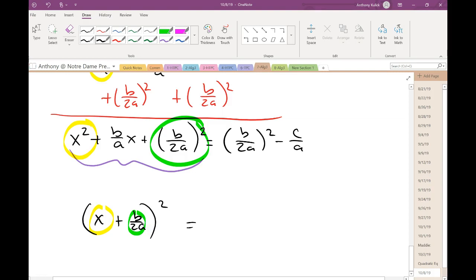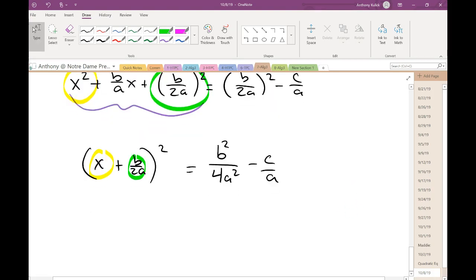And now I'm just going to multiply out the things on the right-hand side. So b over 2a squared, I can do that by squaring the top. b squared is just b squared. And then squaring the bottom. 2a squared is 2a times 2a. So that's 4a squared. Everybody okay here? So far, so good?